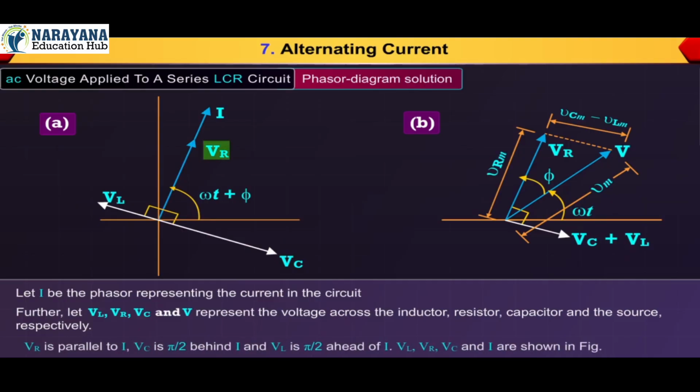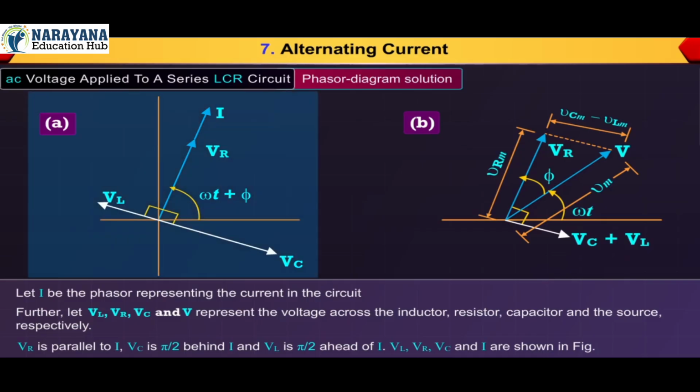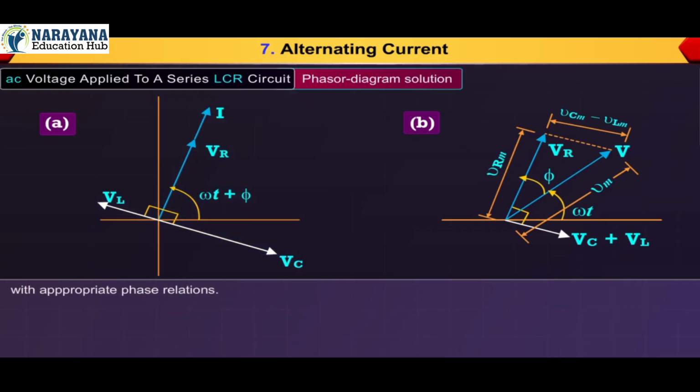We know that VR is parallel to I. VC is pi by 2 behind I and VL is pi by 2 ahead of I. VL, VR, VC and I are shown in figure with appropriate phase relations.